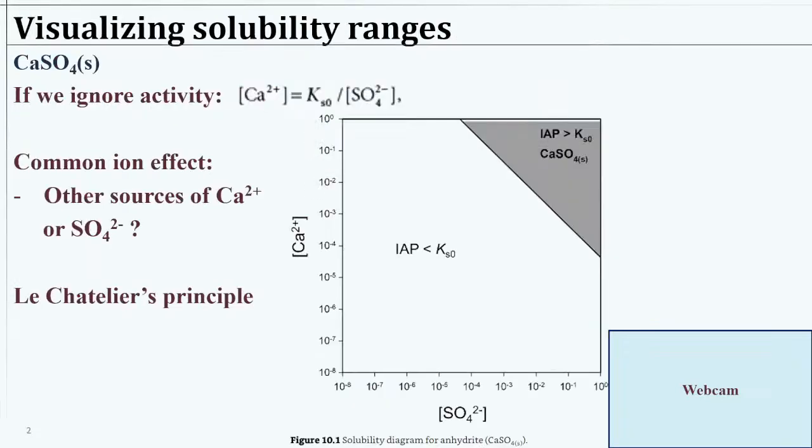Okay, what we can do with that is pretty interesting. We can, first of all, make more plots, because who doesn't like plots? And let's just ignore the activity. You know, we can correct for that.